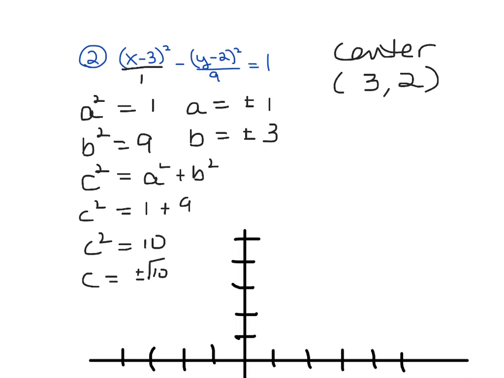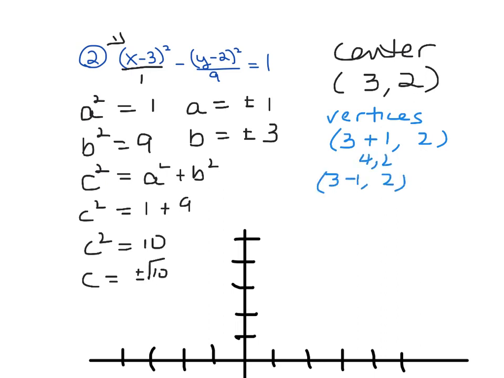Again, remember your vertices are off the center. Notice the first letter you're seeing is the x squared, so that's what I'm adding the a and subtracting the a to. So my vertices are going to be 3 plus 1, comma 2, and 3 minus 1, comma 2.